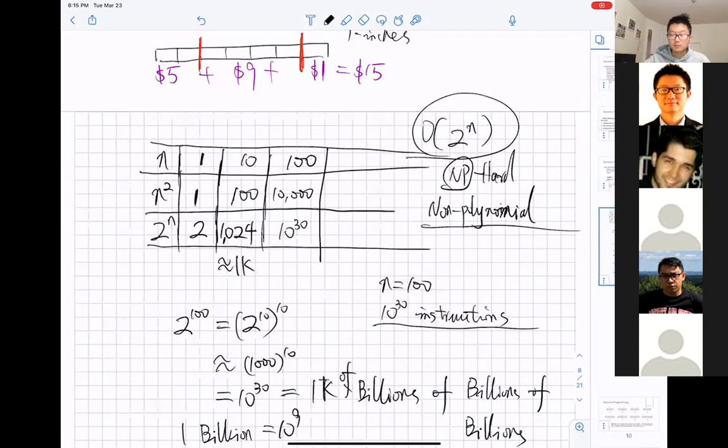So an NP hard problem has another name. We will call it computationally infeasible.